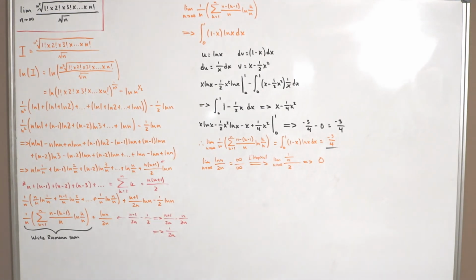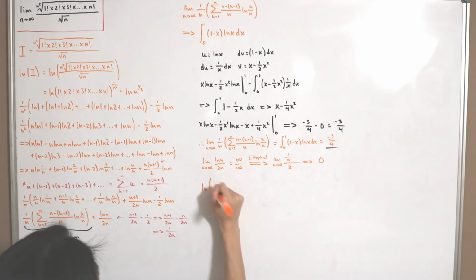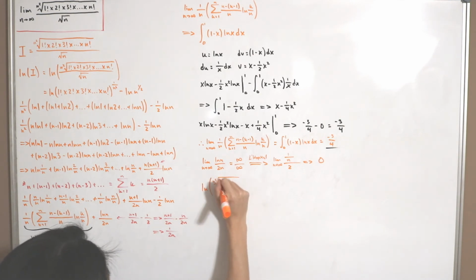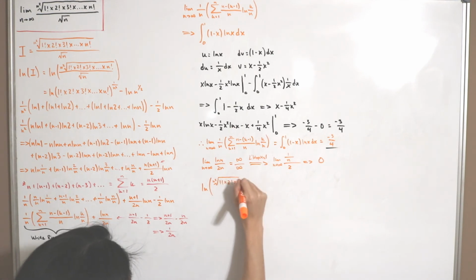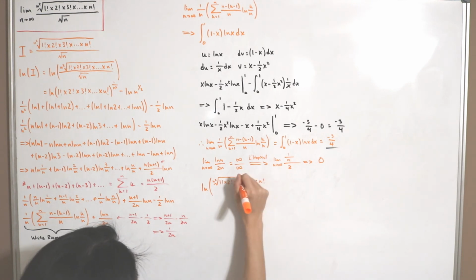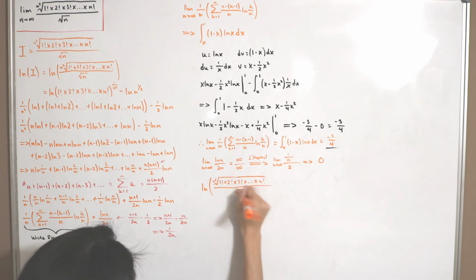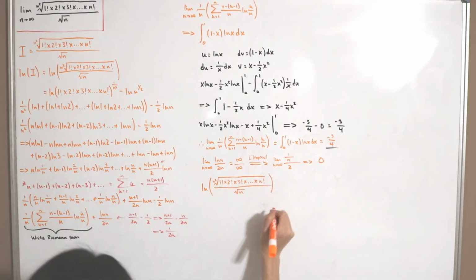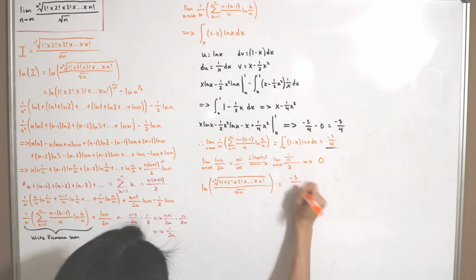Therefore, we come to the conclusion that the natural log of the nth root of 1 factorial times 2 factorial times 3 factorial all the way up to n factorial, divided by the square root of n, is equal to negative 3 divided by 4.